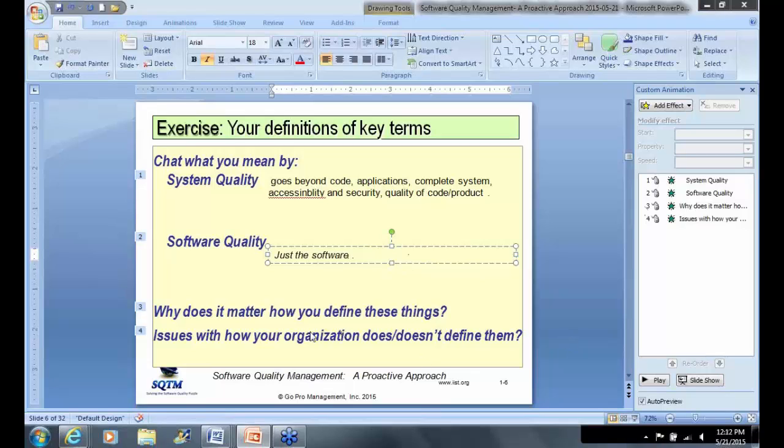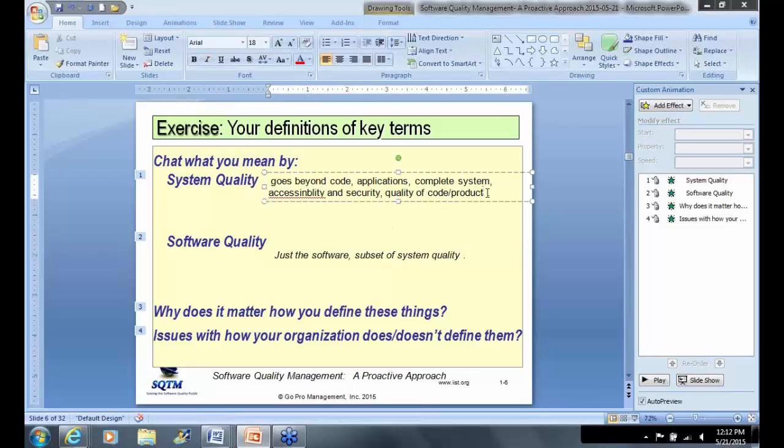So basically, I think people generally agree that software quality is possibly a subset of system quality, and that one of the things that really differentiates system quality from software quality is that it includes hardware and software.